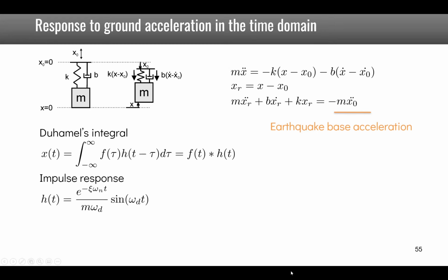So if you replace by the impulse response of a single-degree-of-freedom system and the force by minus m x dot dot 0, this is what you get. So the relative motion between the ground and your building will be given by this convolution integral.